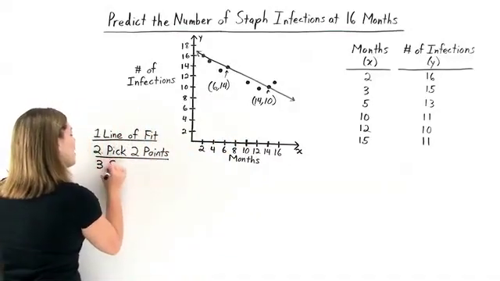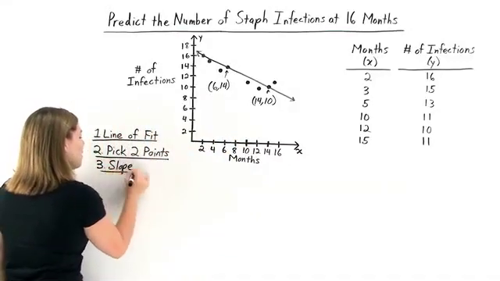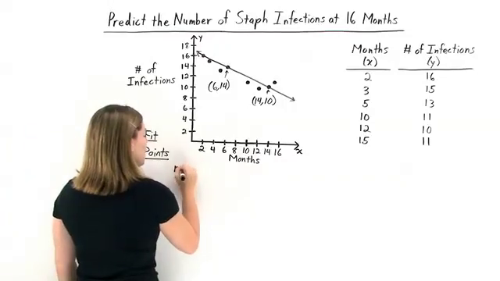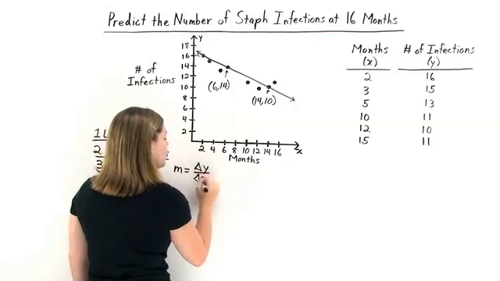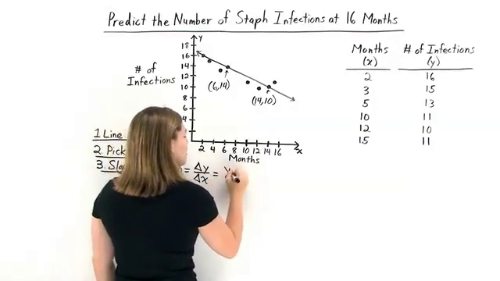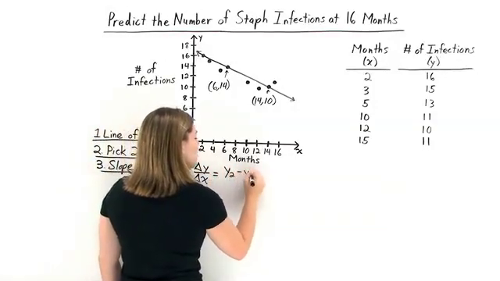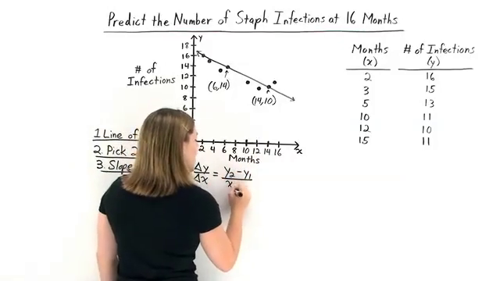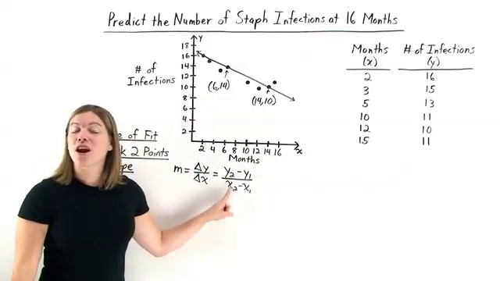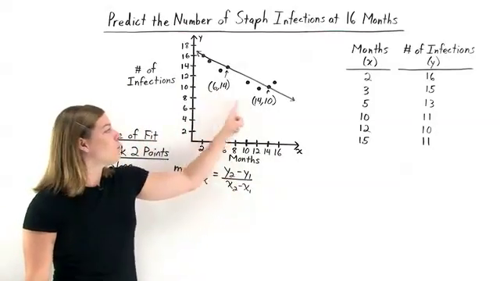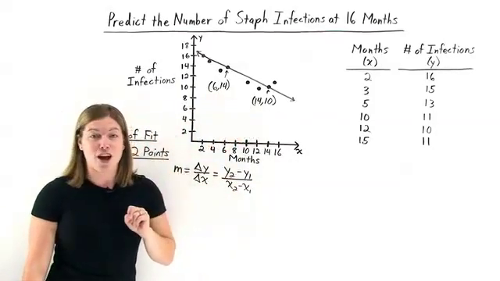Now in step number 3, we focus on finding the slope. Remember, slope is written as m, or we could write that as the change in y over the change in x. Or still, we could rewrite it as y sub 2 minus y sub 1 over x sub 2 minus x sub 1. These x's and y's are x and y coordinates from our 2 ordered pairs that we just chose from our line.